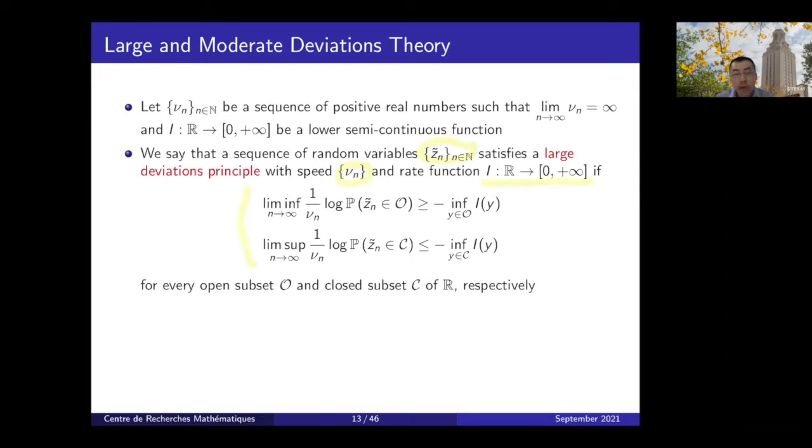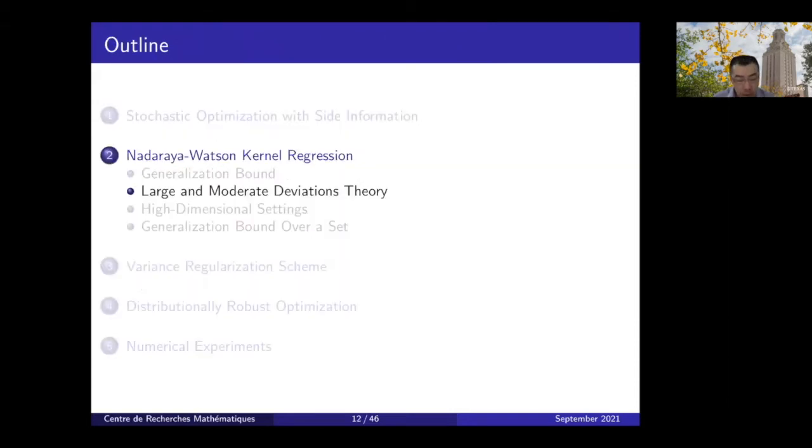The limit infimum of this sequence of logarithm of probabilities is greater than the negative of the infimum of the rate function over all open sets O, and similarly, the limit supremum of the sequence is less than the negative of the infimum over all closed sets C. In our context, the Zn here would correspond to the error of the empirical Nadaraya-Watson estimate.